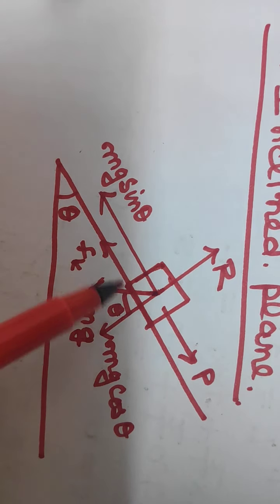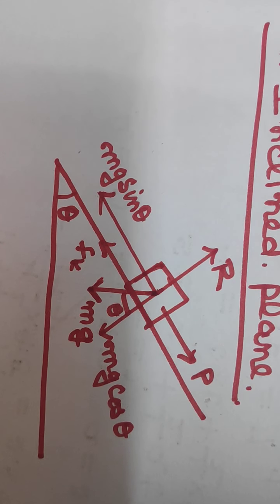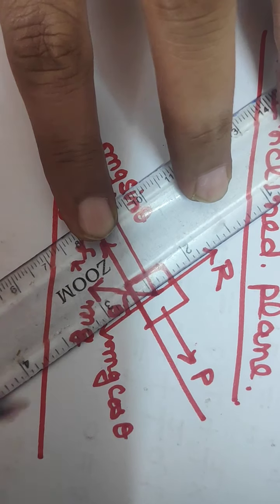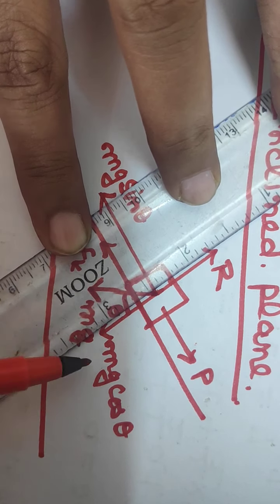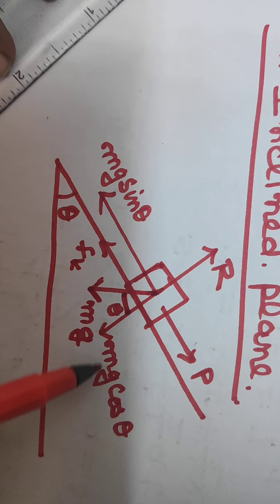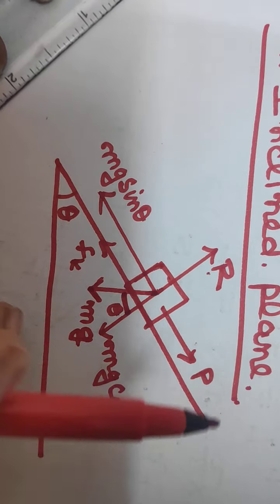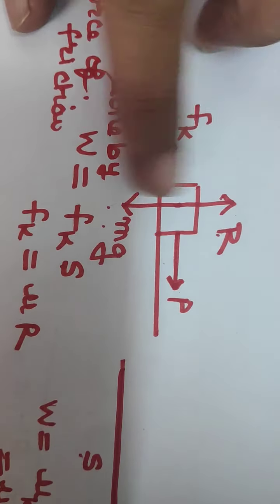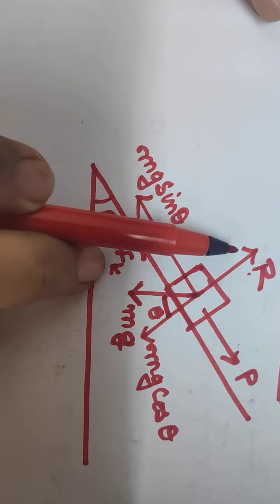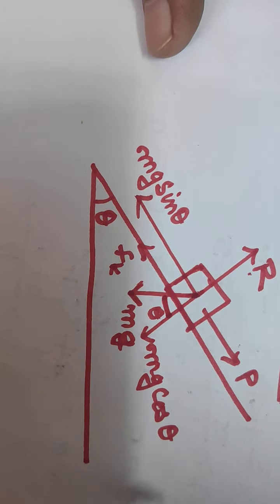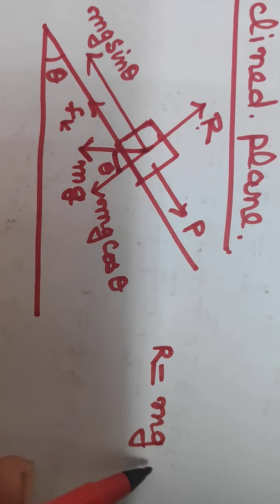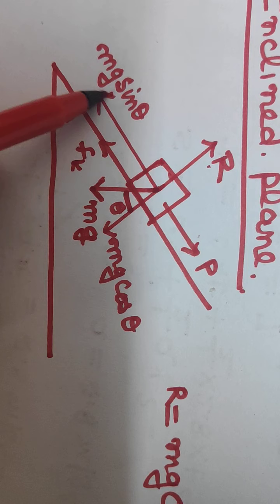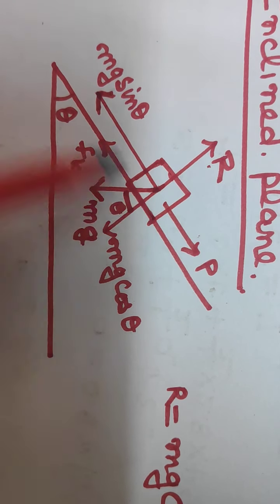Reaction is always normal to the inclined surface, and in the same direction mg cos theta works, the component of weight which balances R. On a horizontal plane R will be equal to mg, but here R will be equal to mg cos theta. And mg sin theta helps to slide this block.